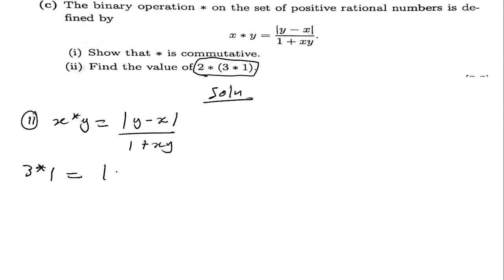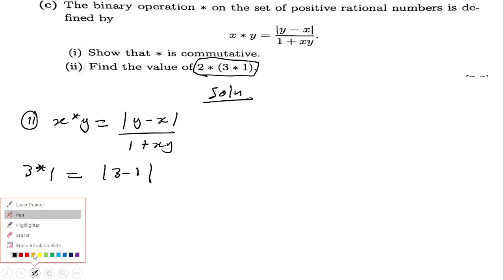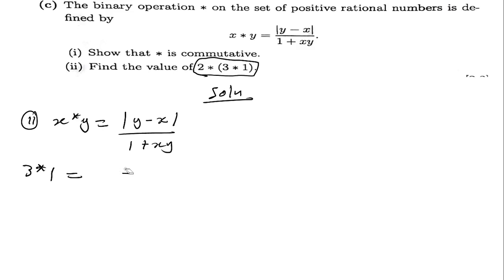Remember, where there is x, you're going to put, where there is y, sorry, I have swapped them. Let me just work on that. So here, in x star y, where there is y, you are going to put 1, and where there is x, you are going to put 3, like that, over 1 plus xy.